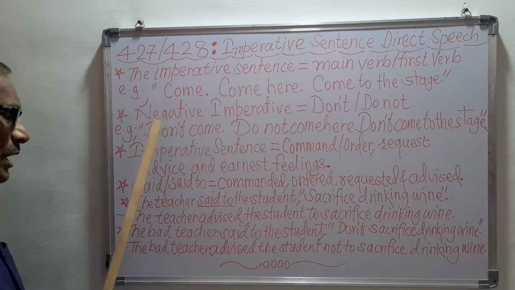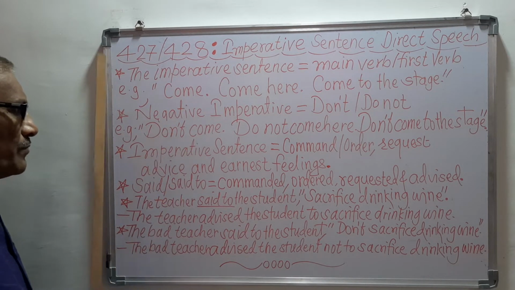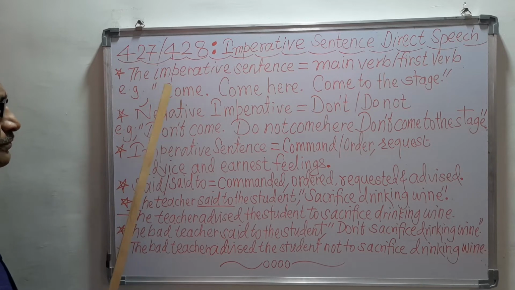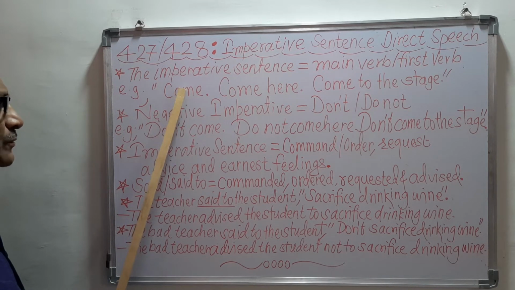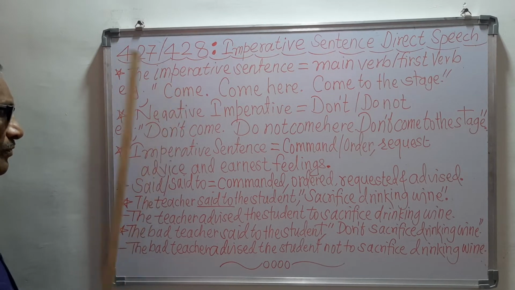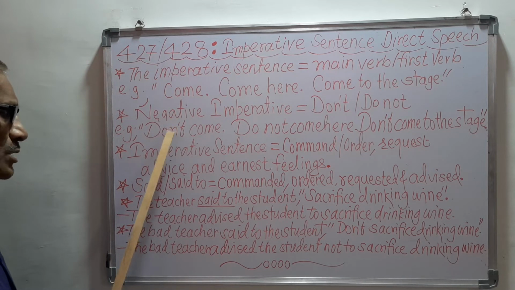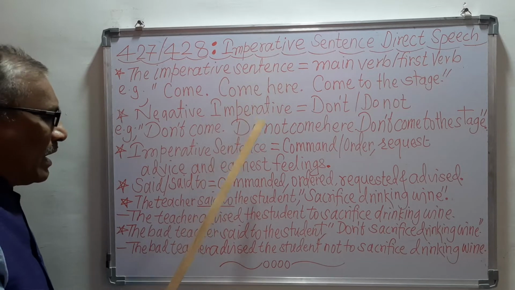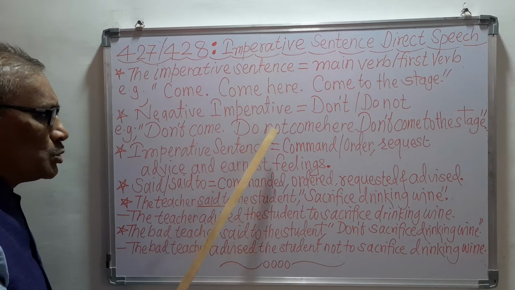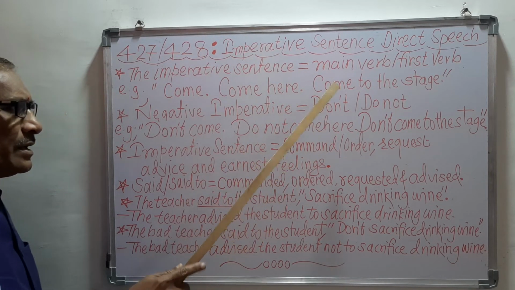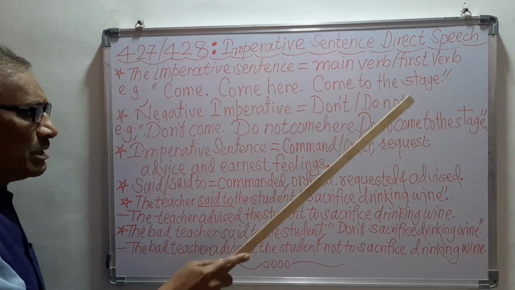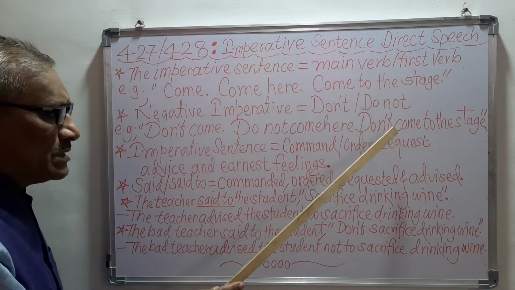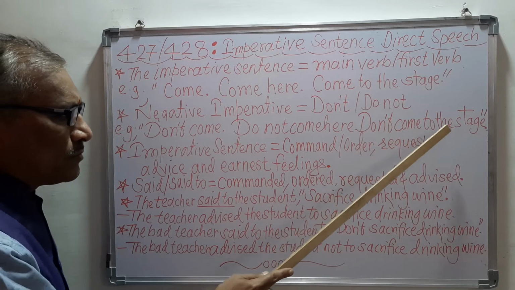So here see, come is the positive imperative sentence, and it has become don't come. Here is come here, and it has become do not come here. And here is come to the stage, and the sentence has become don't come to the stage.